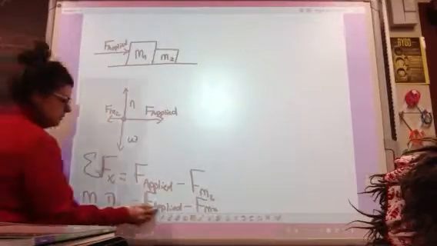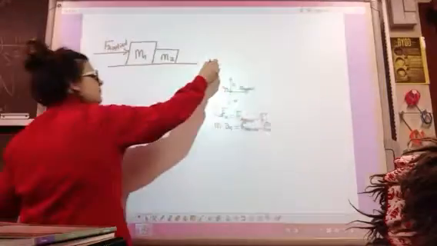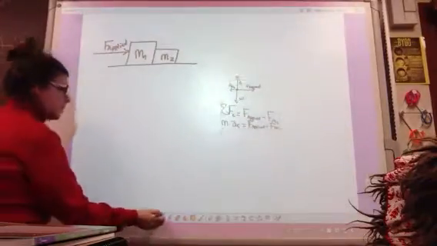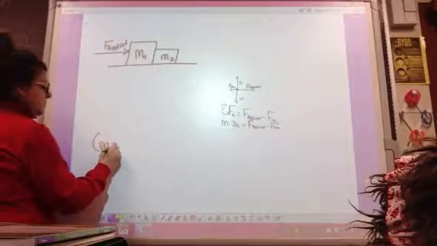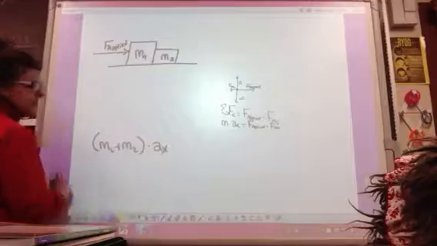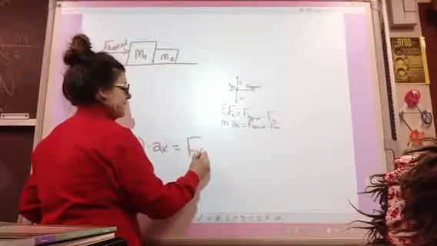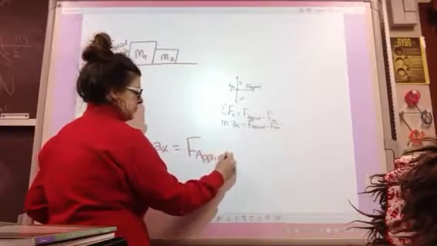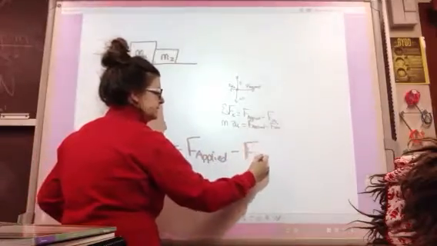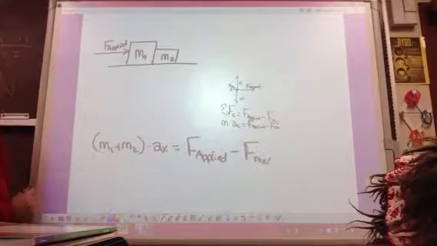So let's rewrite that. Really we have M1 plus M2 for our mass, times our acceleration in the x direction, equals that applied force minus the force that the second mass will push on the first mass.